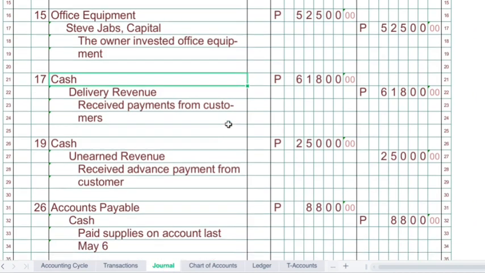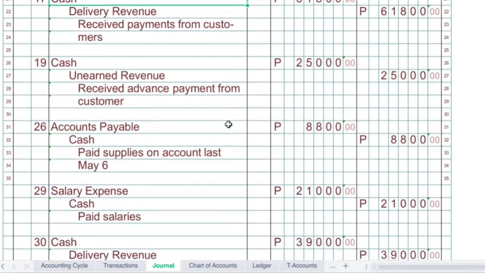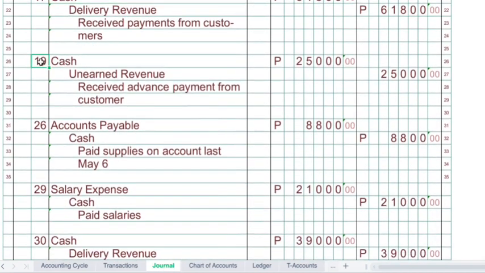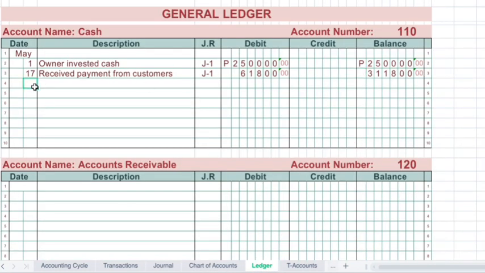Okay. Balik ulit tayo. So, meron pa tayong transaction for cash nung May 19, 25,000 debit. So, receive advance payment.